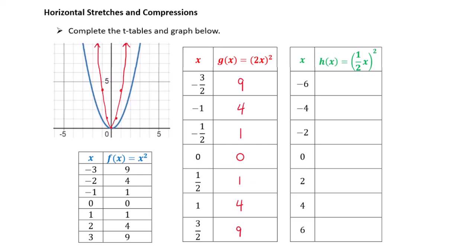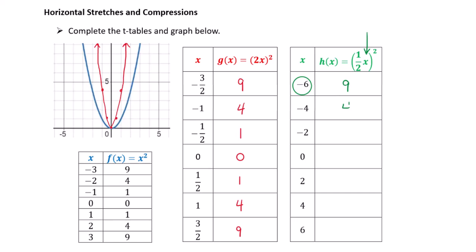Looking at that, I've had to double all of my inputs from what I had before. Double -3 is -6, because when I put that in for x here, -6 times a half is -3, and then -3 squared is 9. So in a similar fashion, I have to modify what x value I'm putting in order to get the same outputs.